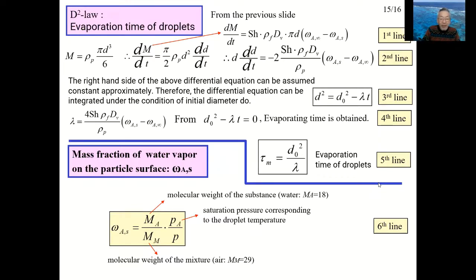In this case, the diffusion substance is water vapor. Air is a mixture of nitrogen, oxygen, and other molecules, and the molecular weight of air is an average value calculated from the molecular weights of those substances.